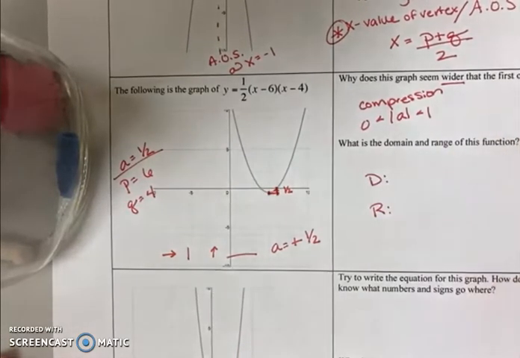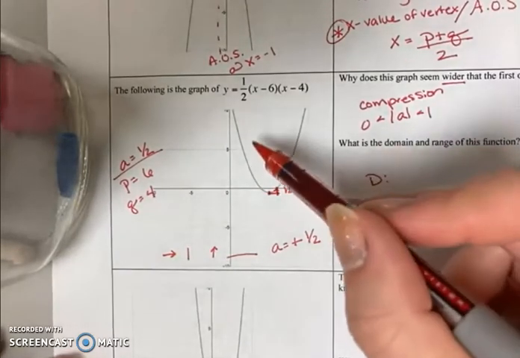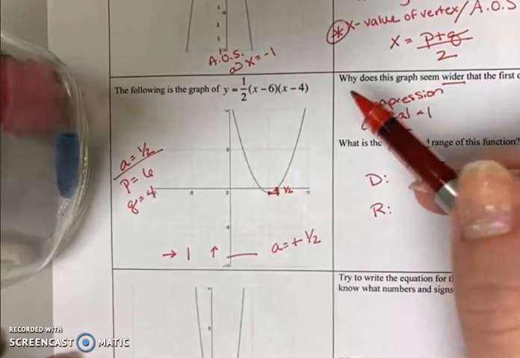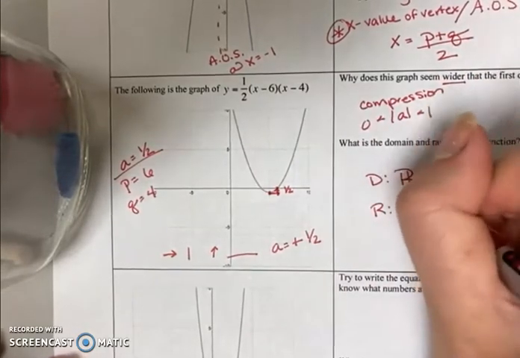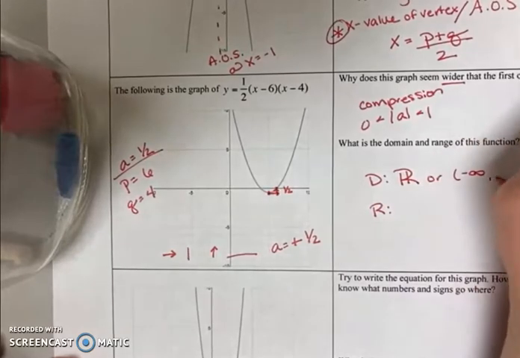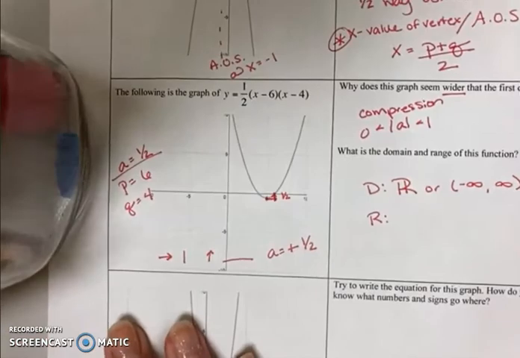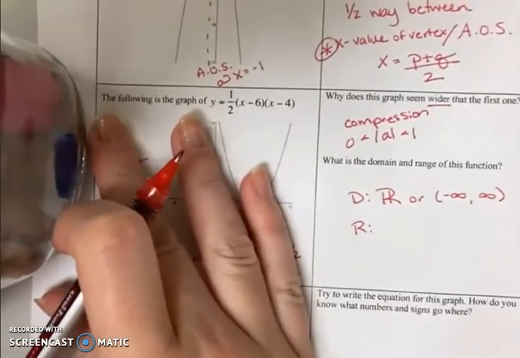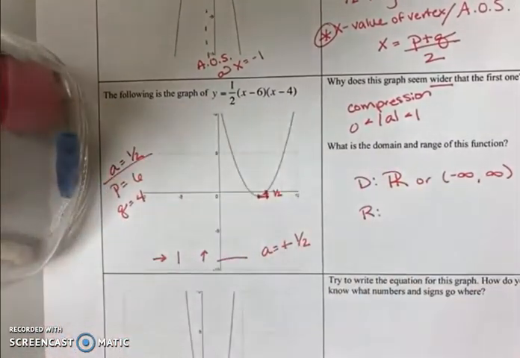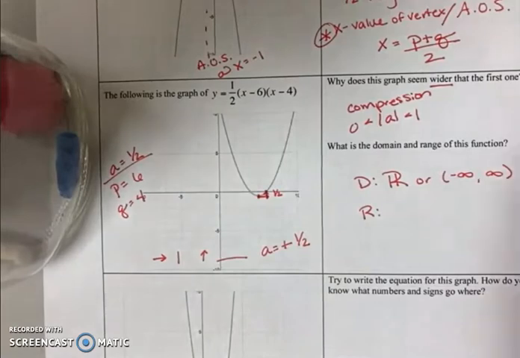But going back to domain and range, remember, for domain, each parabola has a domain of all real numbers. As it moves to the left and as it moves to the right, it will always be defined. So they're approaching positive and negative infinity. The range, however, is restricted, and it's restricted because there's either a maximum or a minimum value.